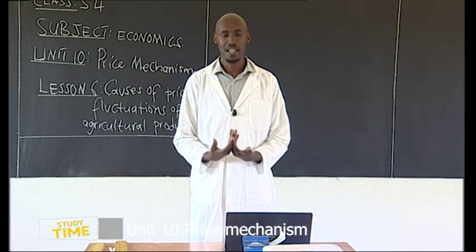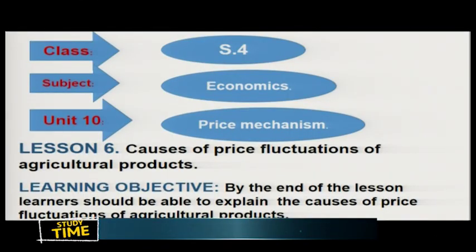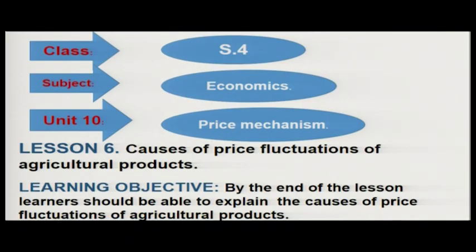Our learning objective, by the end of this session, you should be able to explain or discuss the causes of price fluctuation of agricultural produce. So we leave when at least you can discuss them.